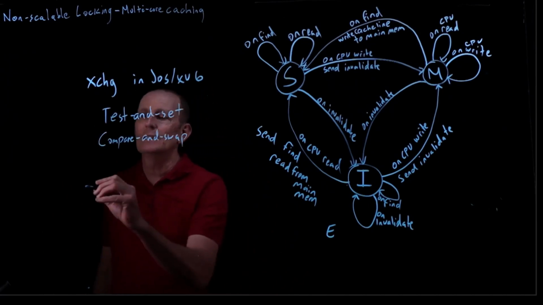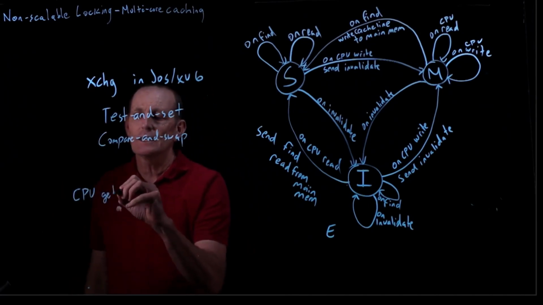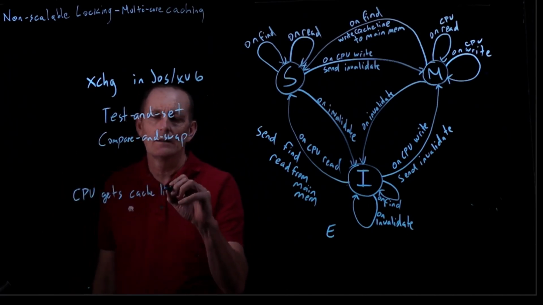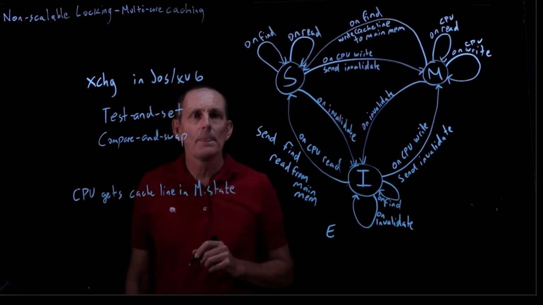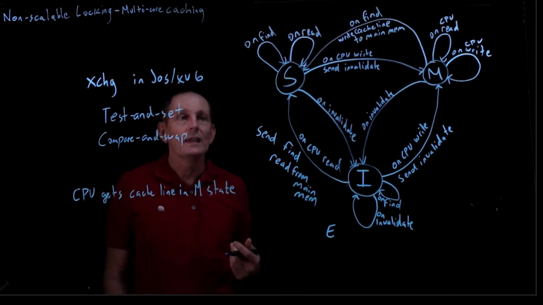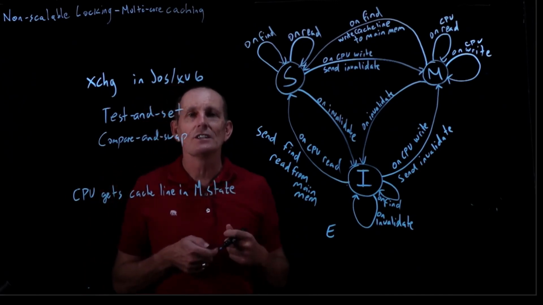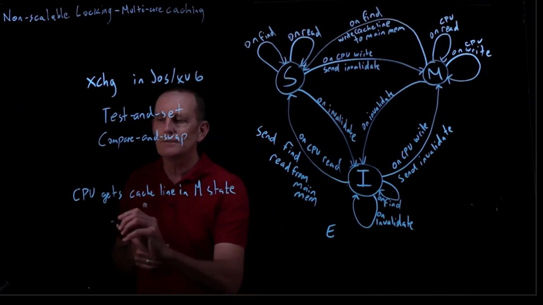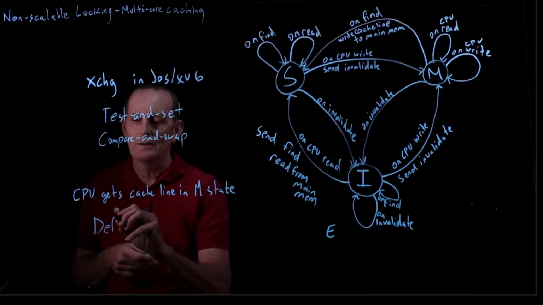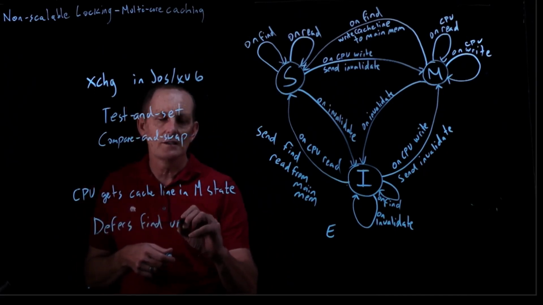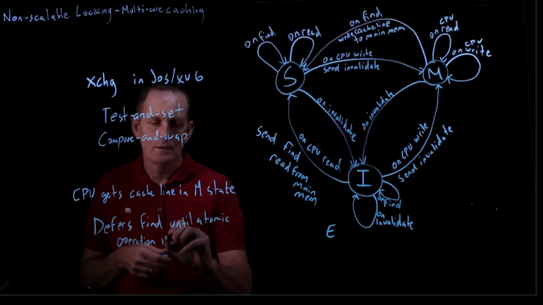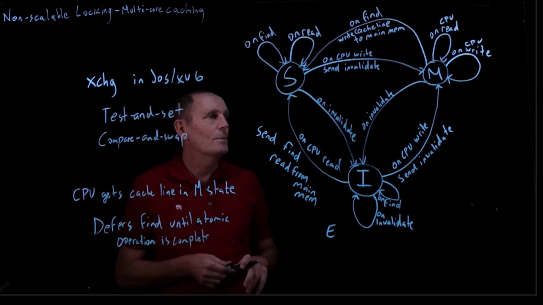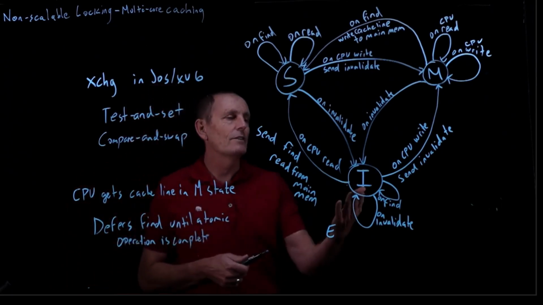Well, what will happen is the CPU gets the associated cache line in a modified state. Once it's in a modified state, it then goes ahead and does the operations that it needs to do, the read and the write. What's important to understand is that it defers any find until the operation is done. So you can imagine we're in an invalid state.